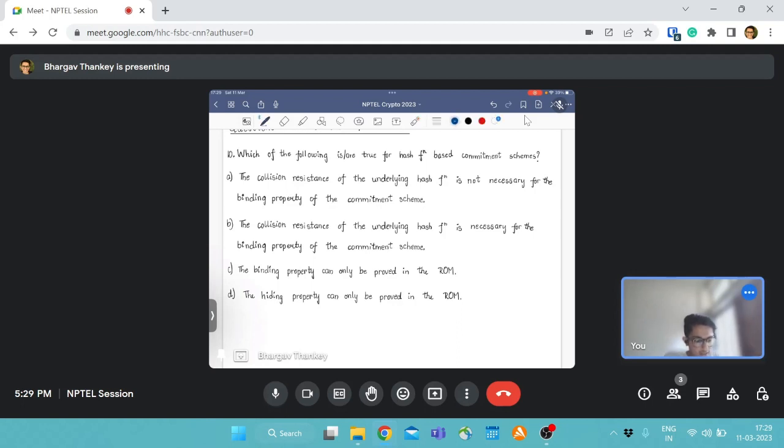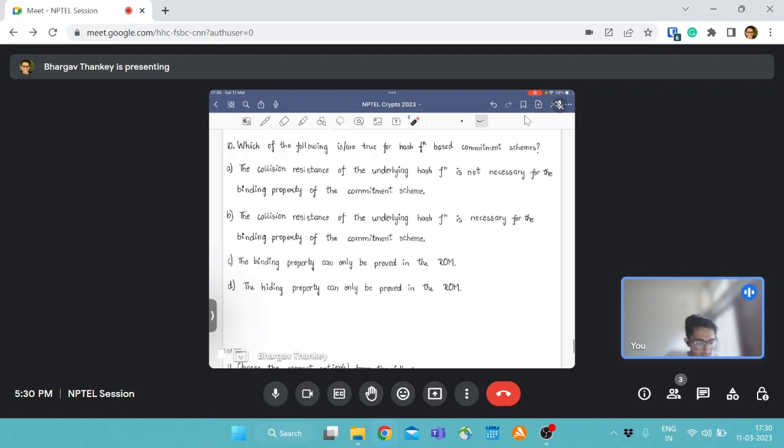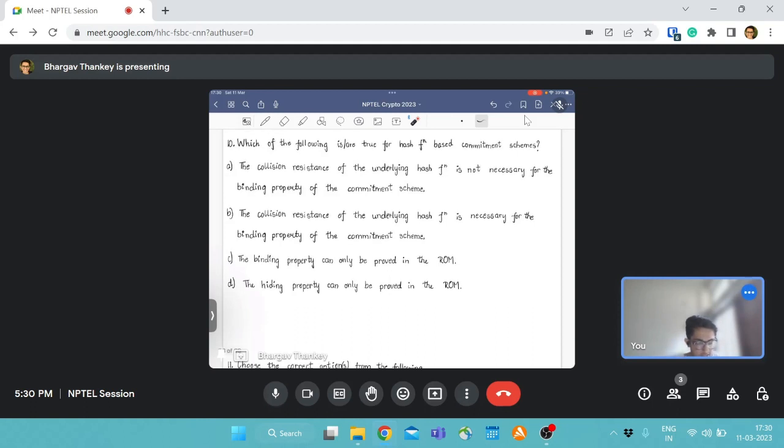Option B is the collision resistance of the underlying hash function is necessary for the binding property of the commitment scheme. Option C is the binding property can only be proved in the random oracle model or ROM. And option D is the hiding property can only be proved in the random oracle model or ROM. So which of these are correct?